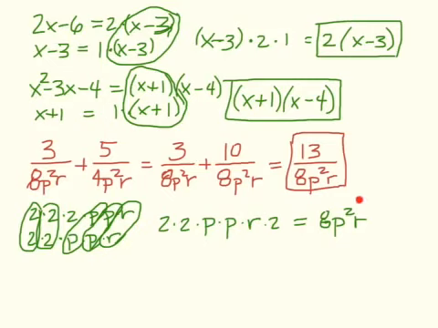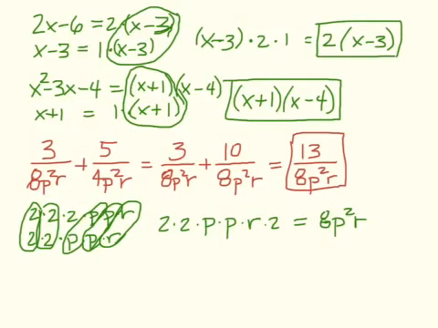So my least common denominator is the least common multiple of my two denominators. So I put that least common denominator here. 8p squared r times what gives me 8p squared r? Well, that's just 1, and 1 times 3 is 3. 4p squared r times what gives me 8p squared r? Now, if you factored it down here, you get a hint. It's this 2.